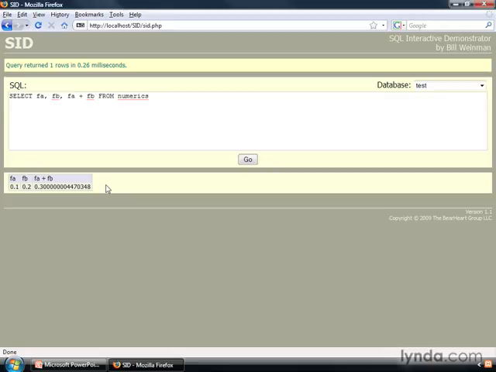Floating point numbers in all computer systems, not just in SQL, but in all computer systems, floating point numbers sacrifice accuracy for what's called precision. In the mathematical world, precision means something different than what you might think it means in your average colloquial speech. In the mathematical world, precision refers to the number of digits of accuracy. So it's accurate to 6 or so decimal places, but beyond that, it is not accurate anymore.